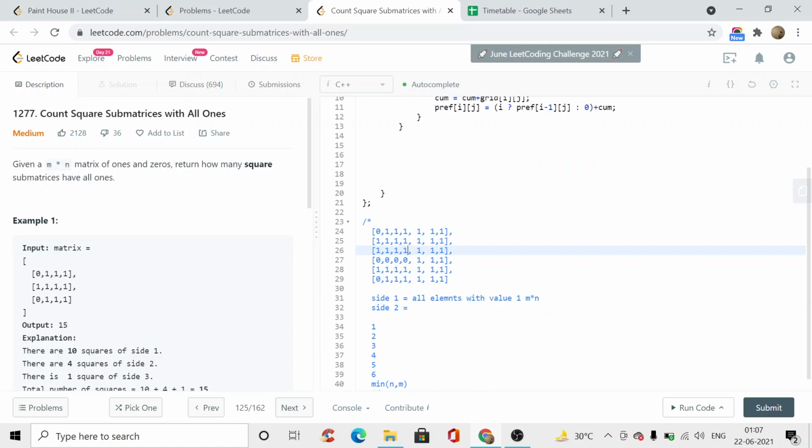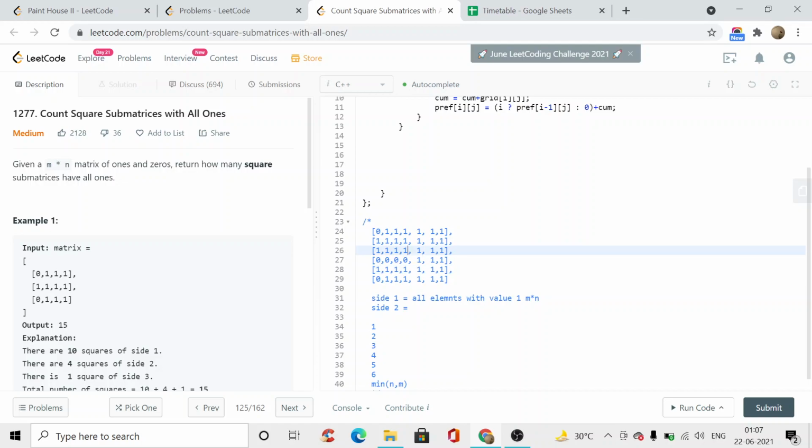So whenever I'm at any point I comma j, I only have to care about the squares formed with this I comma j cell as the bottom right cell element. So it will be 1, 2, 3, and 4, like this. Because at the rest of the positions we have already calculated, we don't have to calculate it again.